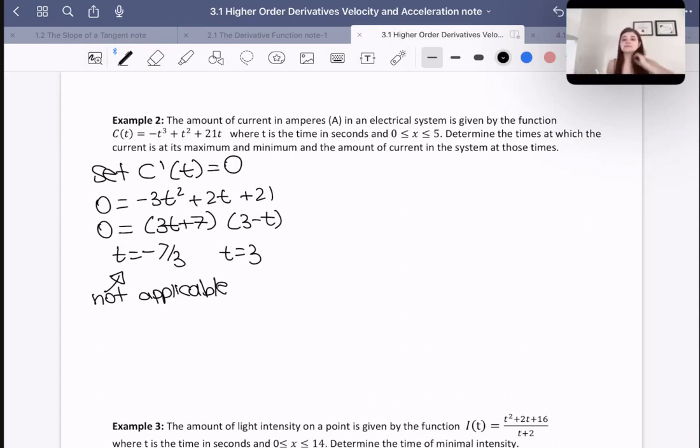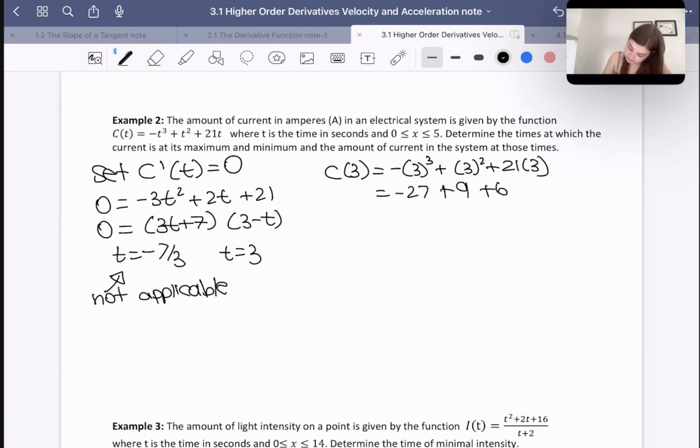Okay, so therefore, we're good. Now all we need to do is figure out the endpoints, and also let's figure out C of 3. C of 3 is equal to negative 3 cubed plus 3 squared plus 21 times 3, which is negative 27 plus 9 plus 63, which equals 45.